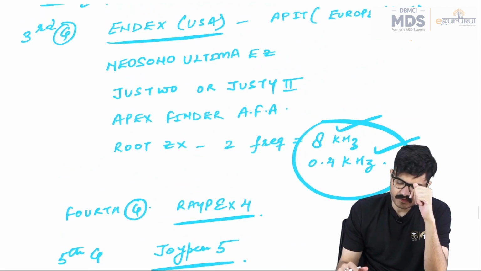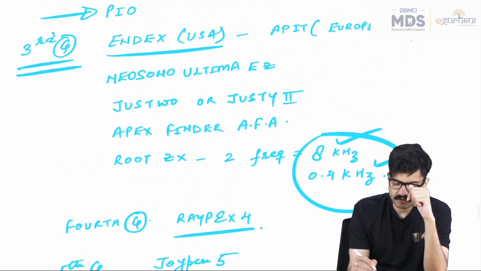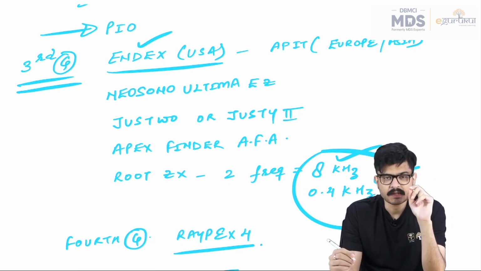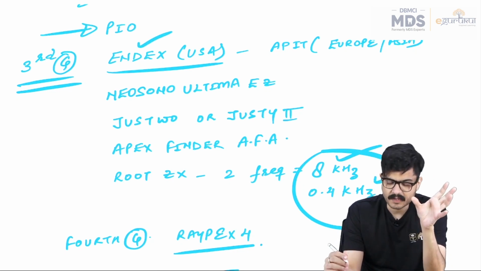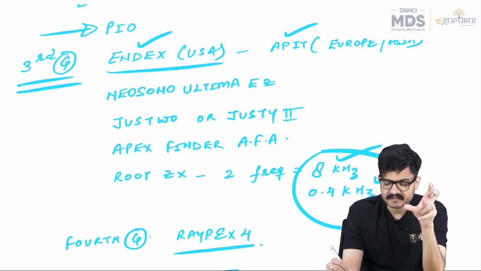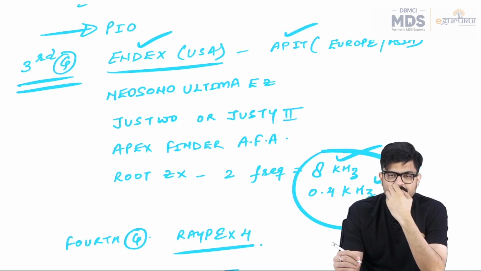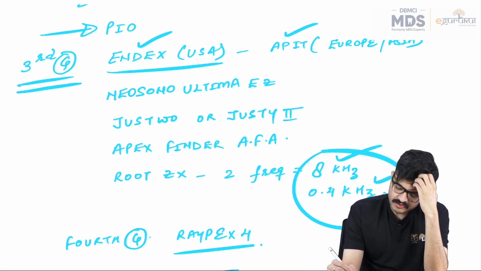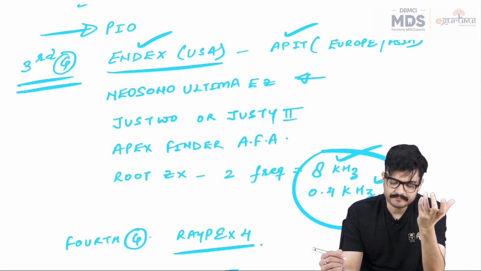The other examples of the third generation: the first third generation that was developed was Index, and it was marketed in North America, and in Europe and Asia, the same Index is marketed as APIT, right? Then the other third generation apex locator is Neosono Ultima EZ.